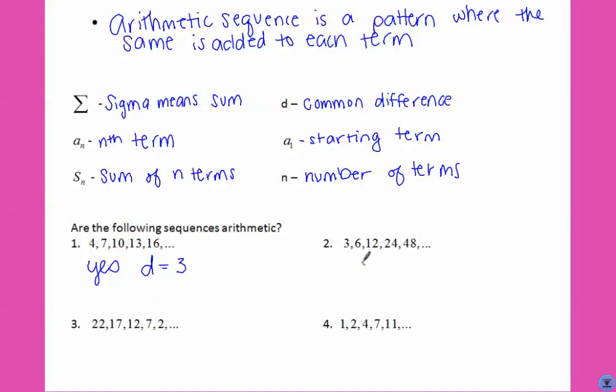Number 2 goes 3, 6, 12, 24, 48. Well, between 3 and 6 is only 3. Between 6 and 12 is 6. So this is not arithmetic because it's multiplying by 2. If you're multiplying, it's no, because this says it has to be adding.